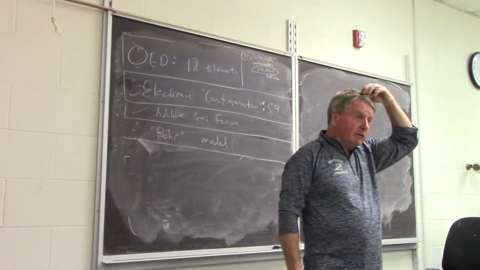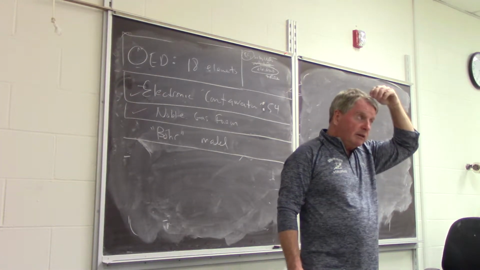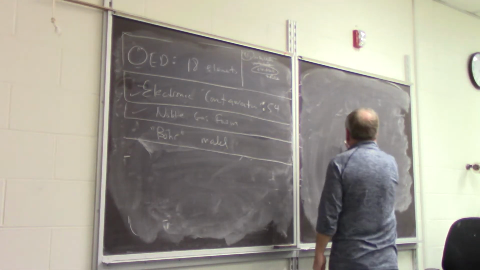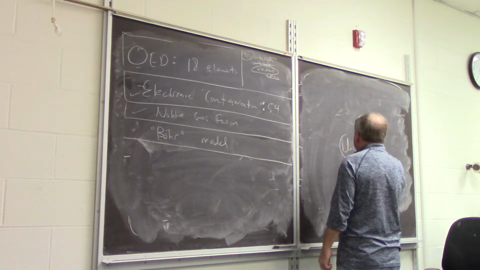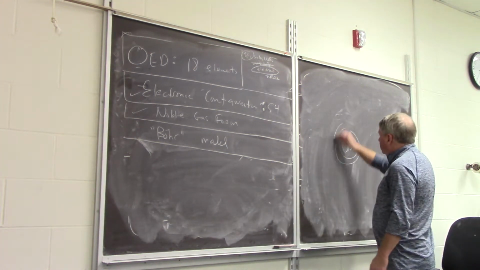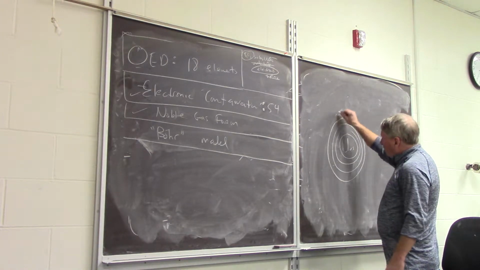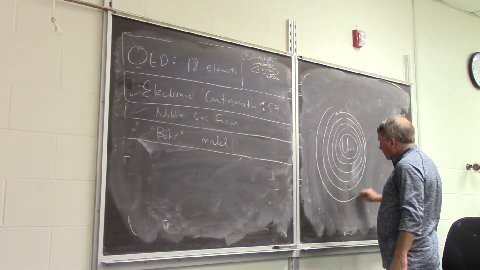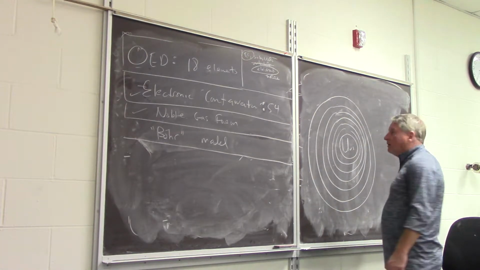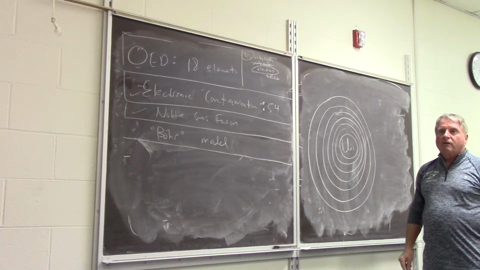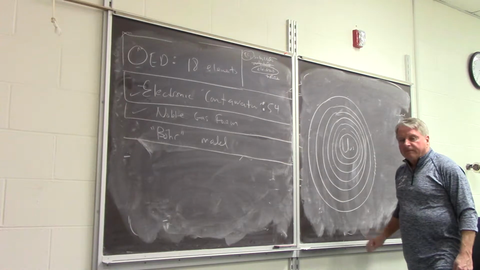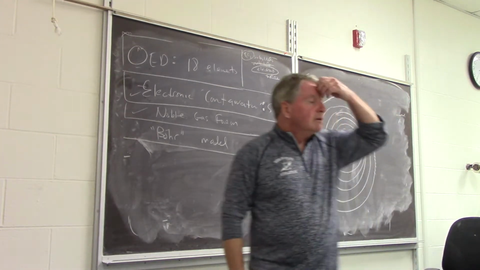So what row it is, and then look at the Roman numeral A. Okay, so that's it.